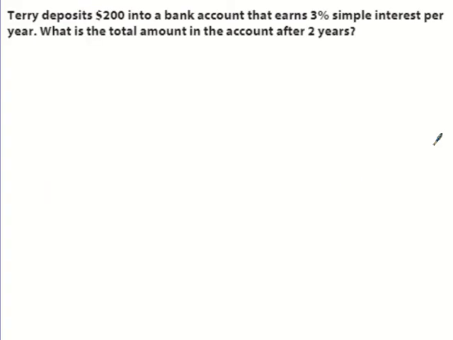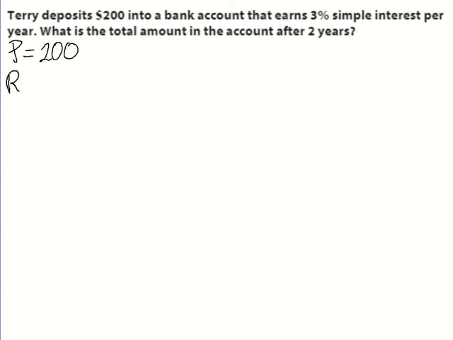So Terry deposits $200 into a bank account and earns 3% simple interest per year. So this is our unit rate, interest per year. What is the total amount in the account after 2 years? Okay, so we have our principal, which equals 200.